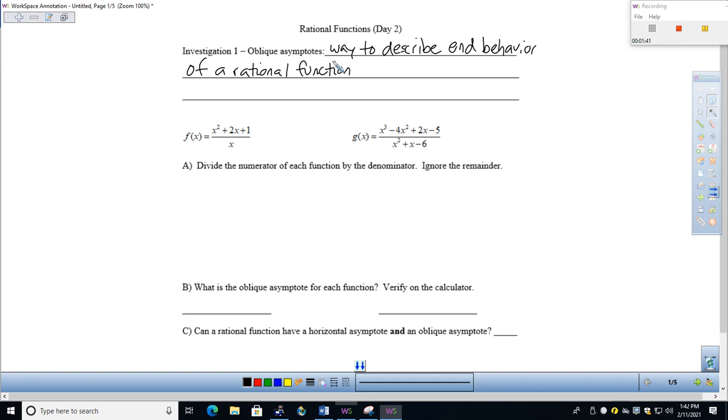It's a way to describe the end behavior of a rational function when the degree of the numerator is 1 bigger, and that's going to be the big piece, 1 bigger than the degree of the denominator.